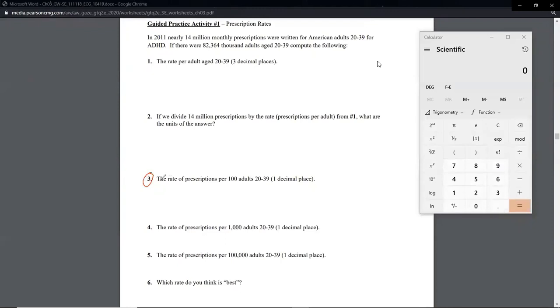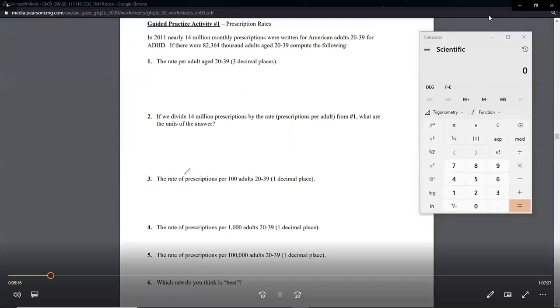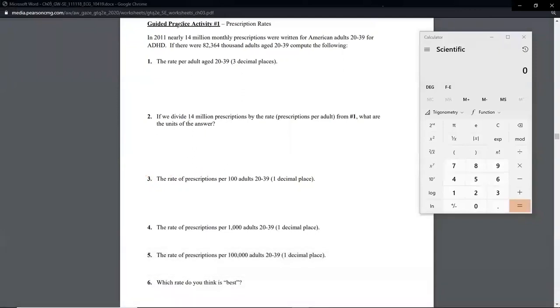Okay, so the rate of prescriptions was the 14 million. Why am I writing it above? The rate of prescriptions, that is not just the 14 million. The rate means there's two things.